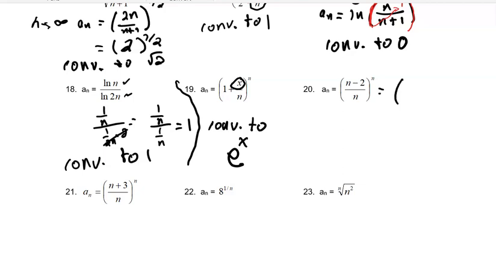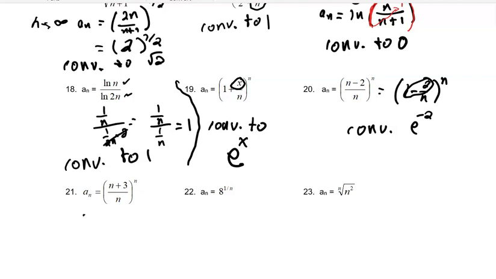So for this one, when we simplify this, 1 minus 2 over n to the nth power, that should converge to e, and then notice how your exponent is this negative 2, e to a negative 2.